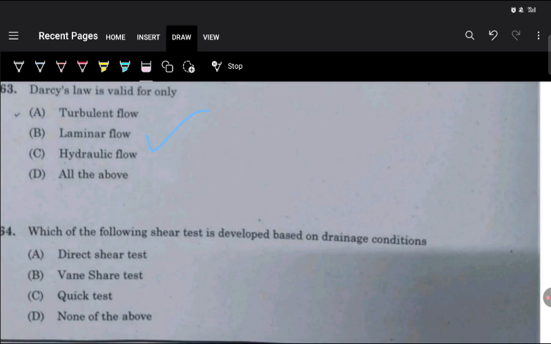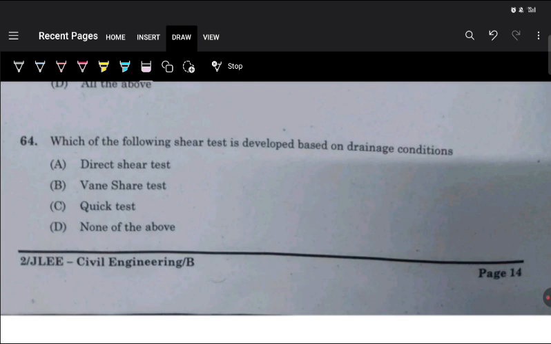Coming to the next question, which of the following shear tests is developed based on drainage condition? The shear test developed based on drainage condition is the triaxial test.